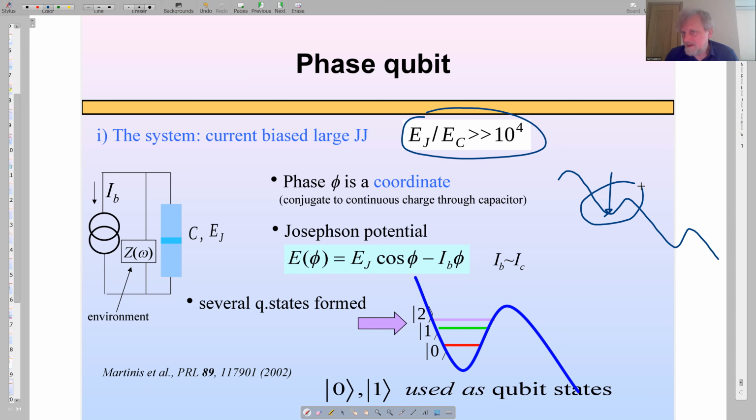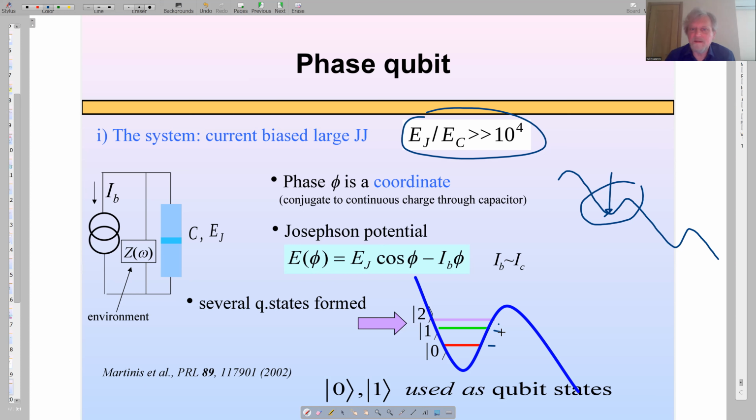If one considers quantization of this cubic parabola potential, one can see several states, and these 0 and 1 have been used as qubit states. It's a matter of choice, right?